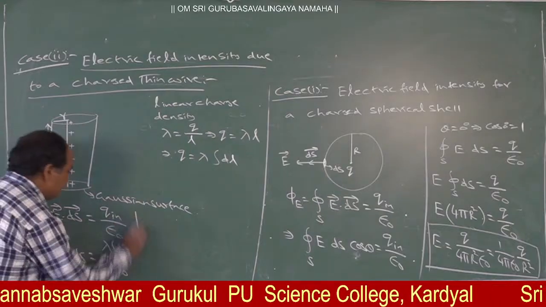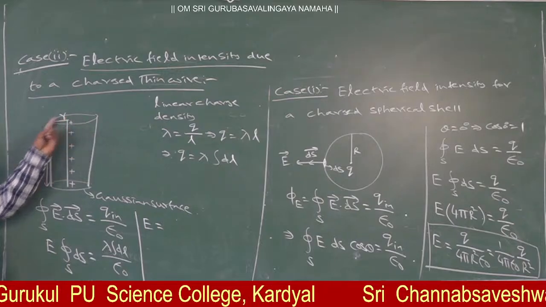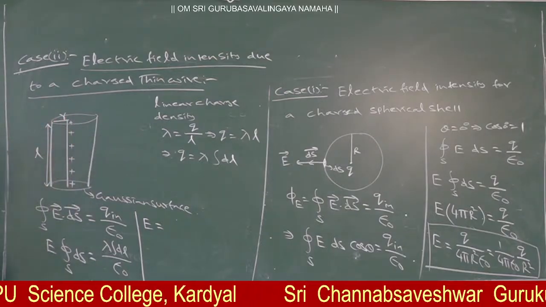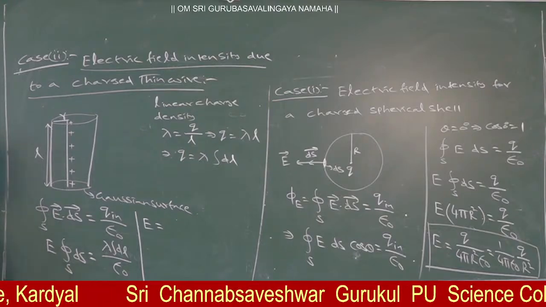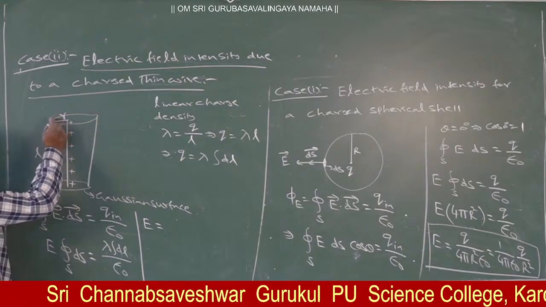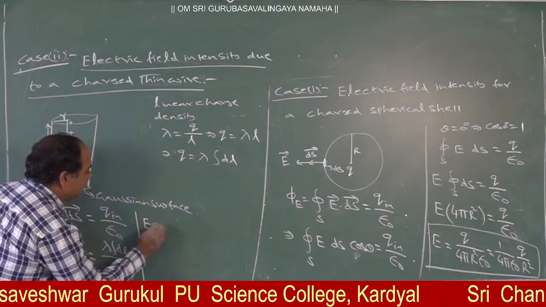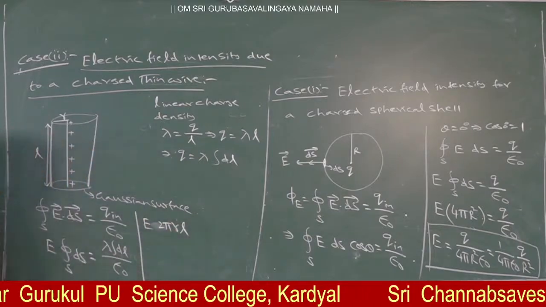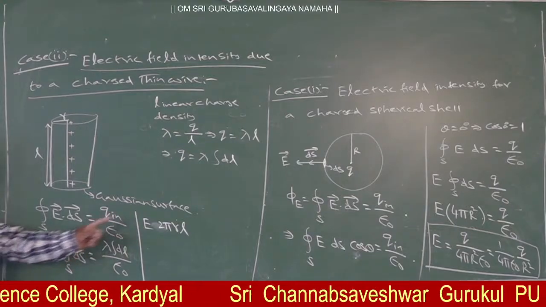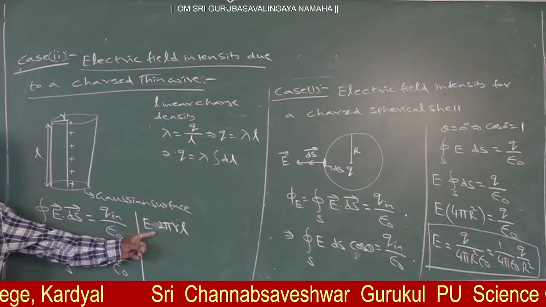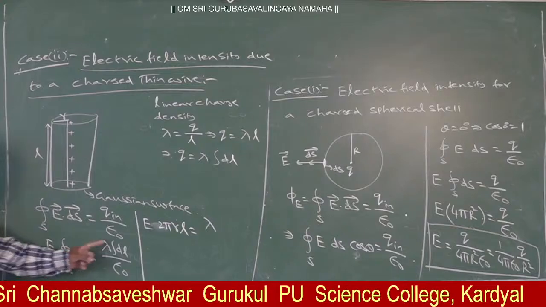So E into the surface area of this cylinder. This is 2 pi r, this is L. So E into 2 pi r into L, not pi r square L, which is volume. That is equal to lambda into integral dl.